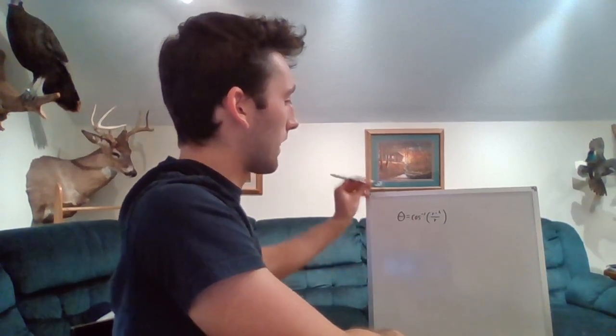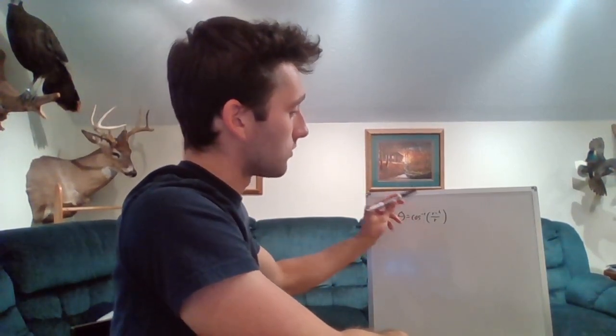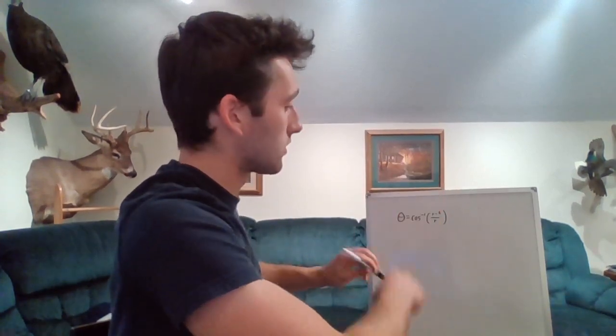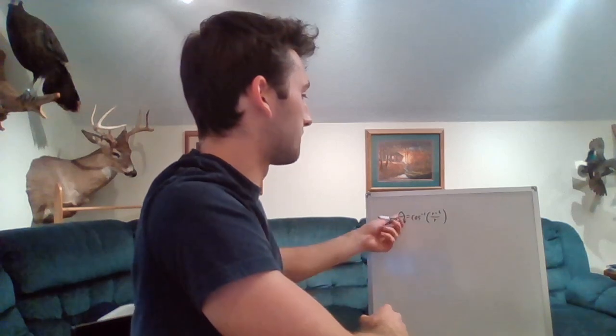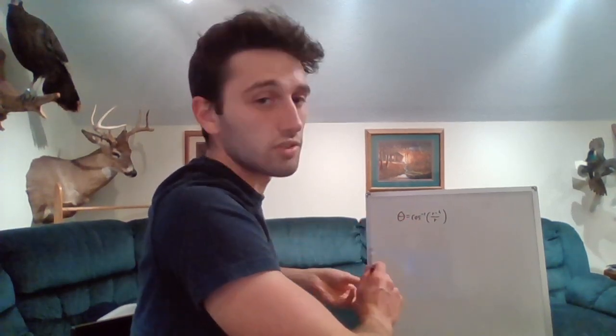And this just came about because cosine of theta is the adjacent, which was r minus h, the middle portion, divided by the hypotenuse r. So to get theta by itself, we take the cosine inverse of both sides.